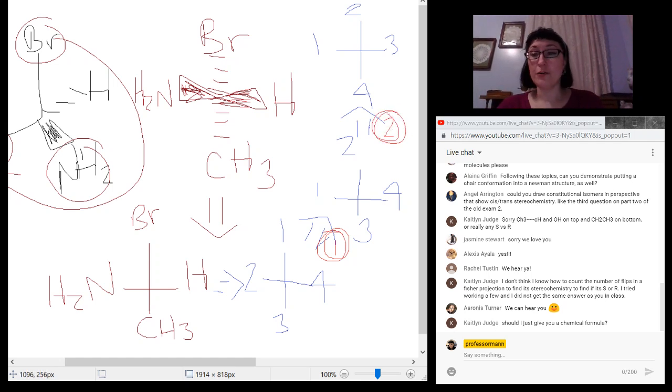An even number of flips to get from what you have to the standard means that you have R stereochemistry, because the standard that I gave you is R stereochemistry. And if I would have used an odd number of flips, like 1 or 3 flips, then I would have had S stereochemistry. So that's really how it is every time.